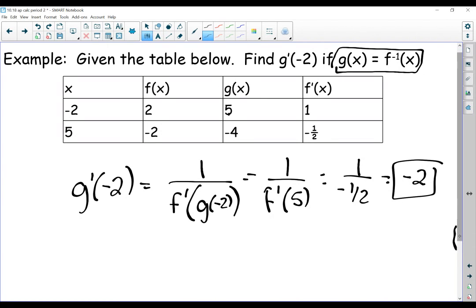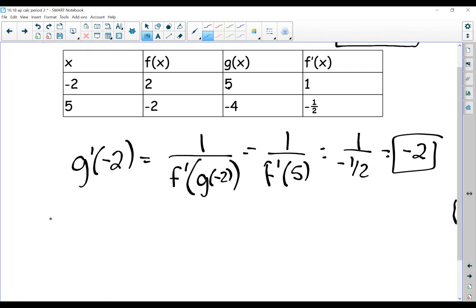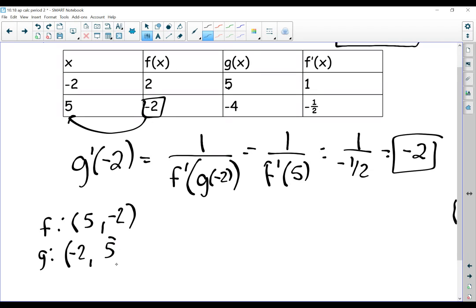Okay, the other way to think about it, I'm going to think about f and g as two different functions. Now in g, I'm plugging in -2, which means in f, I'd be getting out -2. So I'm looking at my f values and saying, where does it equal -2? Well, that's at 5. So I know those points, (-2, 5) and (5, -2).